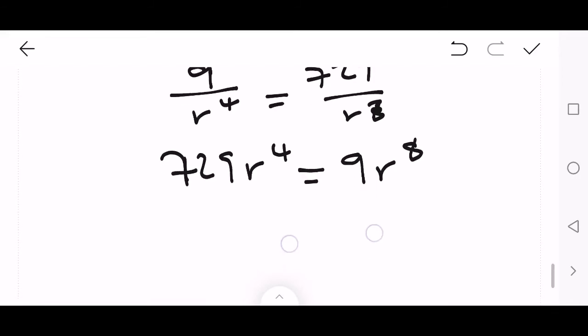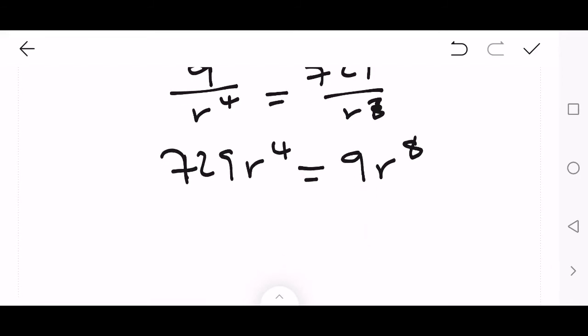Now we need to get r alone and the numbers alone. In order to get rid of 9 from the right hand side, we can divide by 9. What we do on the right hand side, we need to do on the left hand side, so divide by 9 this side as well.